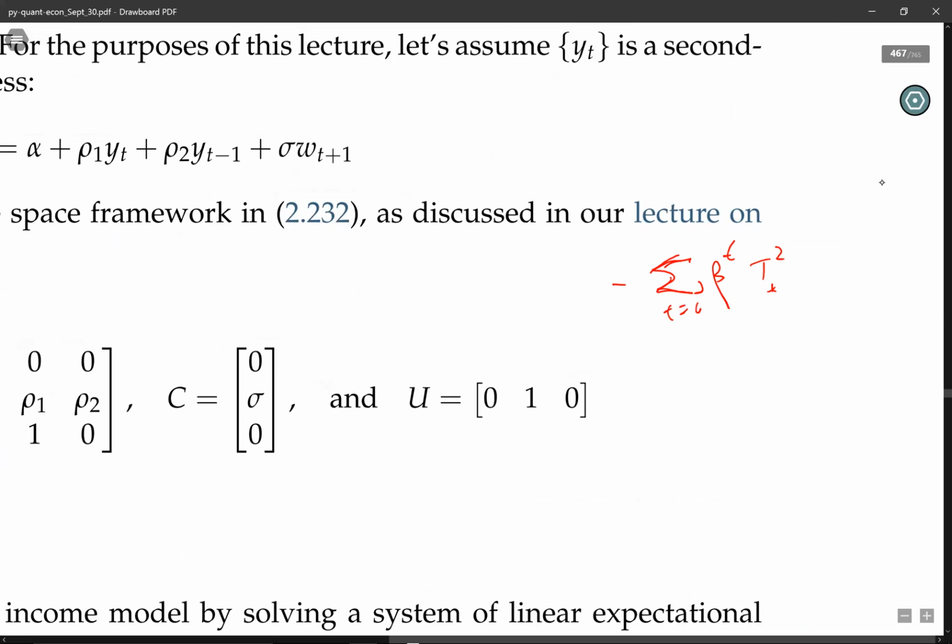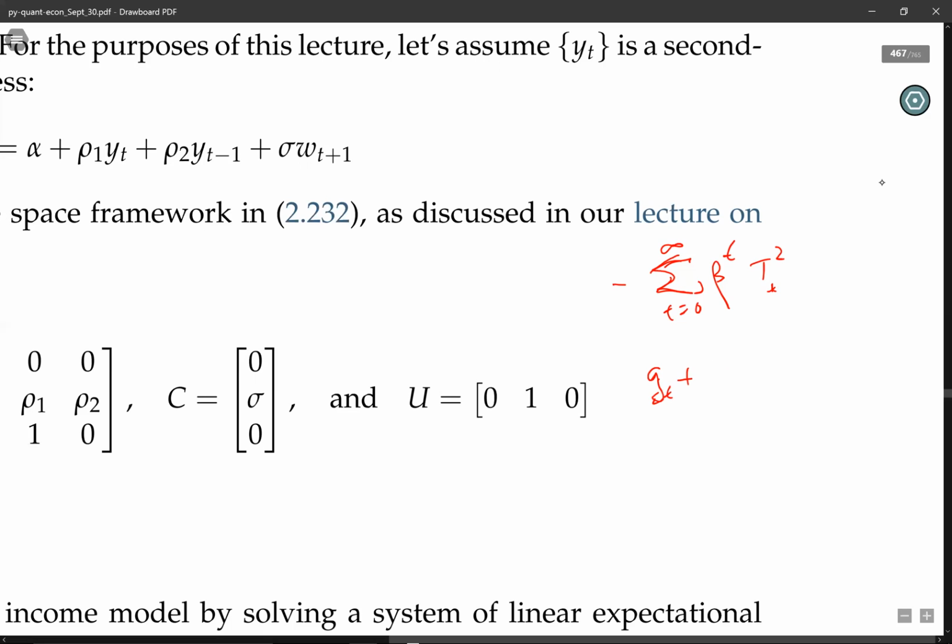I'm going to change the notation a little bit. The government's going to have government expenditures. See if this reminds you of anything.